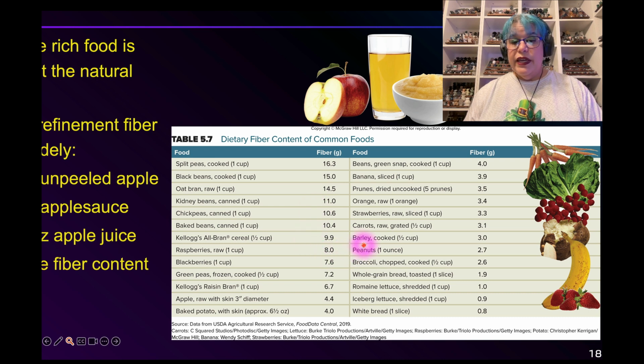As we come over here, barley is about 3, peanuts about 2.7. By the time that we're getting down to romaine lettuce and iceberg lettuce, that amount of fiber has gone down very significantly. When we talk about white bread, look at that. Remember, I've said refining these things into refined flour takes a lot of this out. Okay?